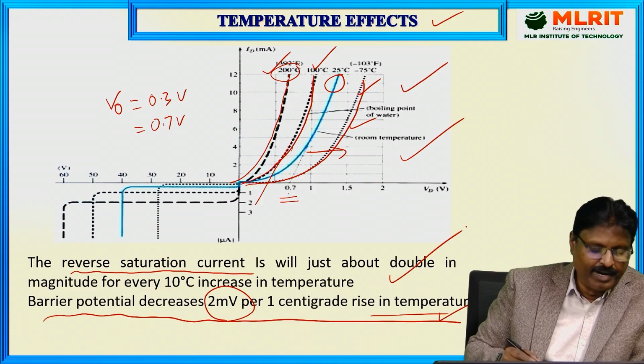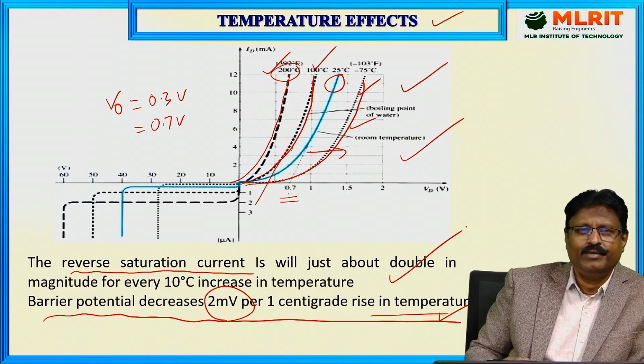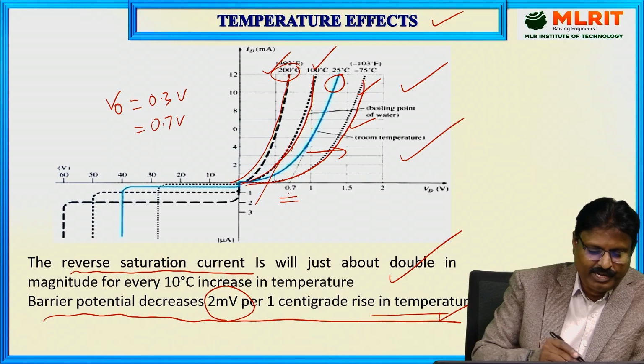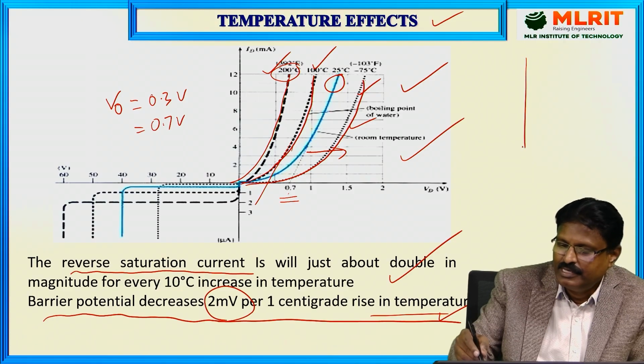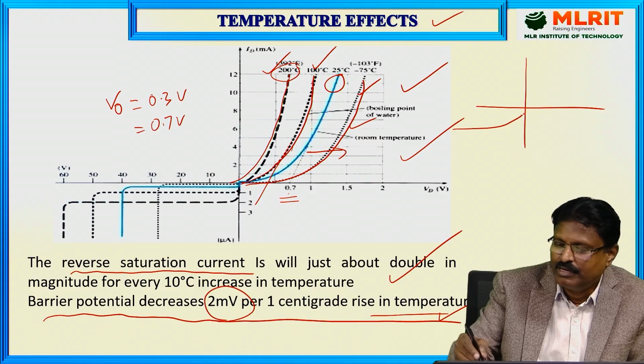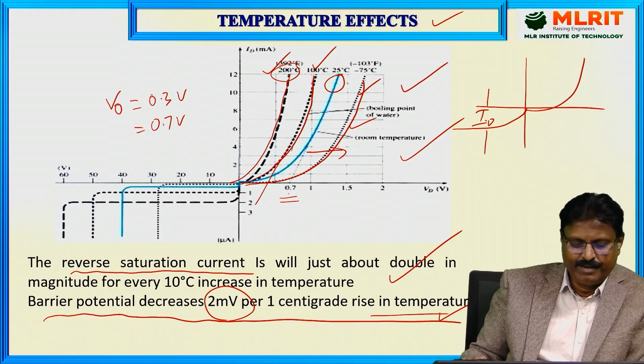Second parameter, which will be varied in accordance with the temperature variation, is reverse saturation current. So if you go to the reverse bias, as you can see here, this is called I0. That is the reverse saturation current. Okay.